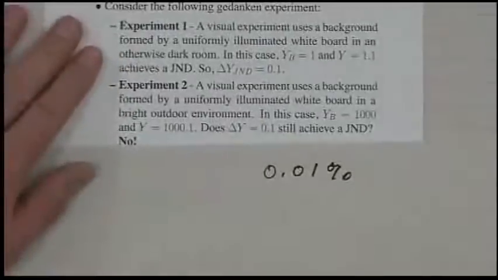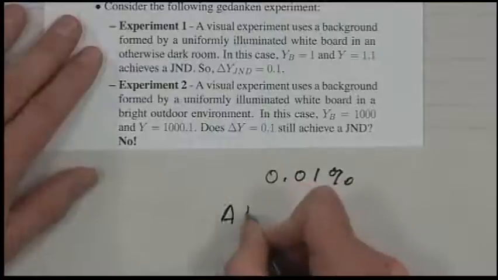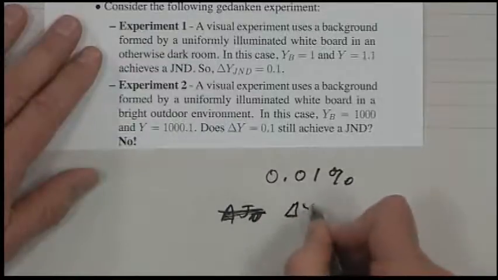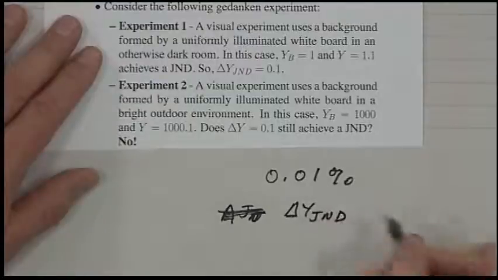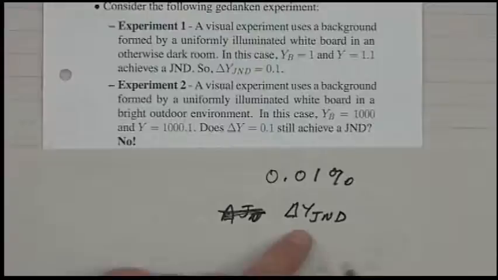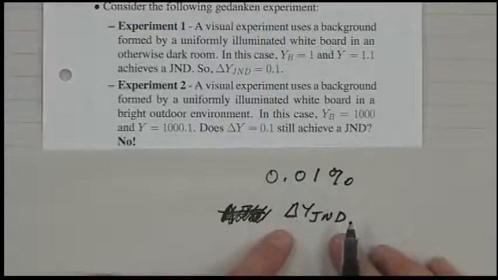It tells you, just through this thought experiment, that the value of delta Y JND, delta Y, J, N, D, in science and engineering, one very important concept is the concept of an invariant, something that doesn't change.